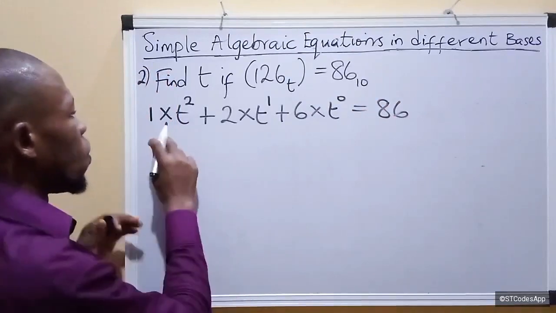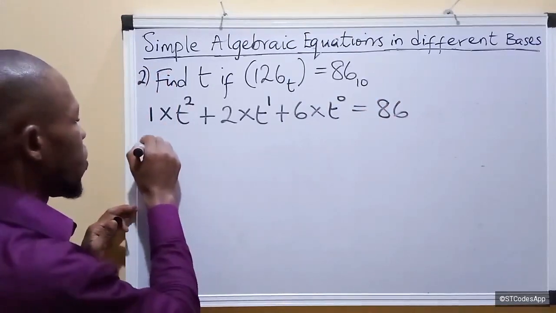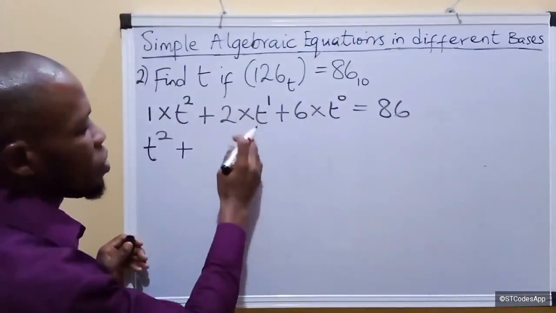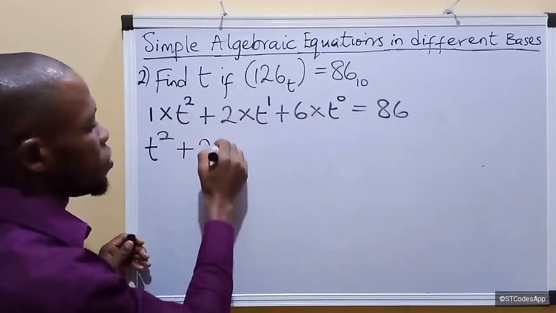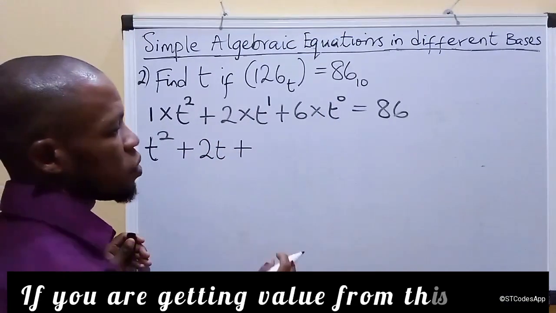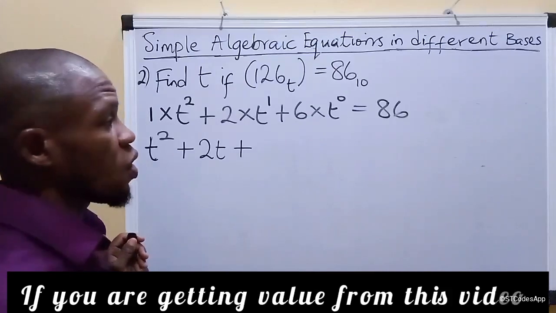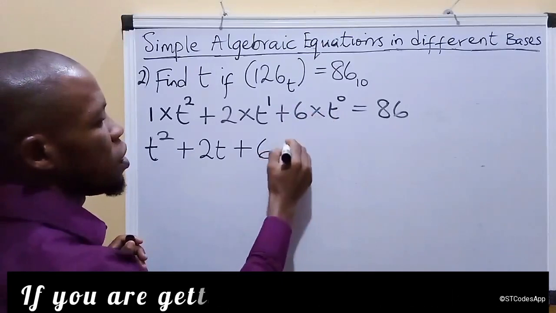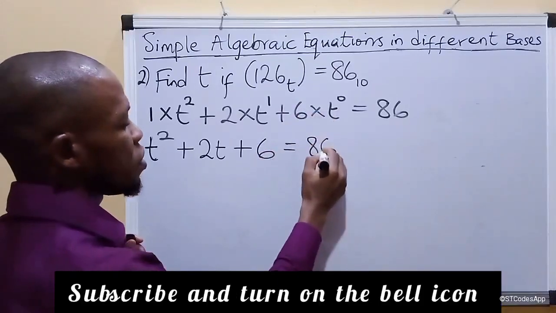Okay. 1 times t squared gives us t squared, t raised to power 1 is t, 2 times t is 2t. I have 2t plus t raised to power 0 is 1. Any number raised to power 0 is 1 according to the law of zero index. So we have 6 times 1, 6, equal to 86.